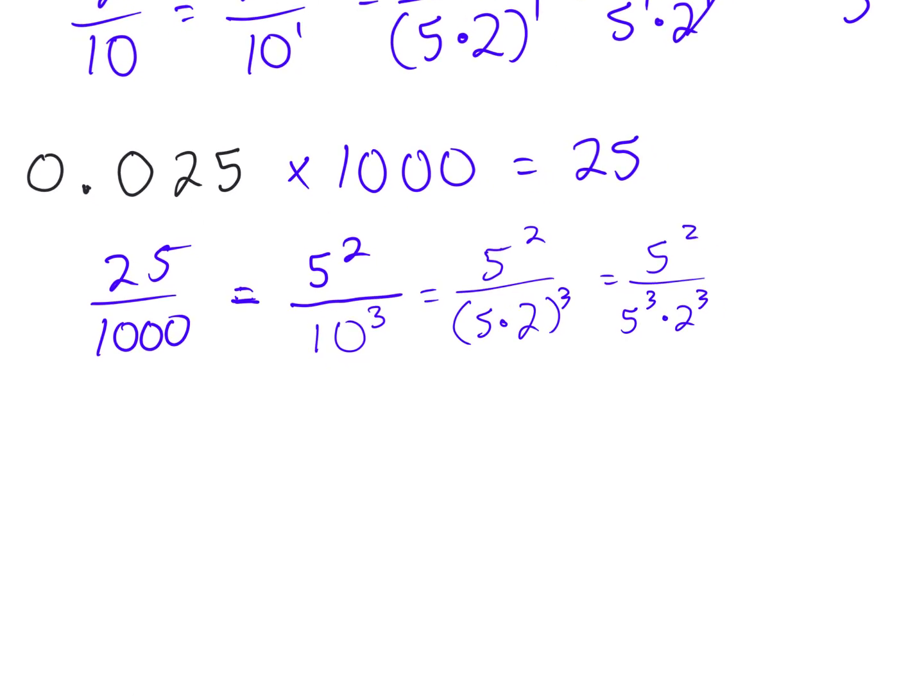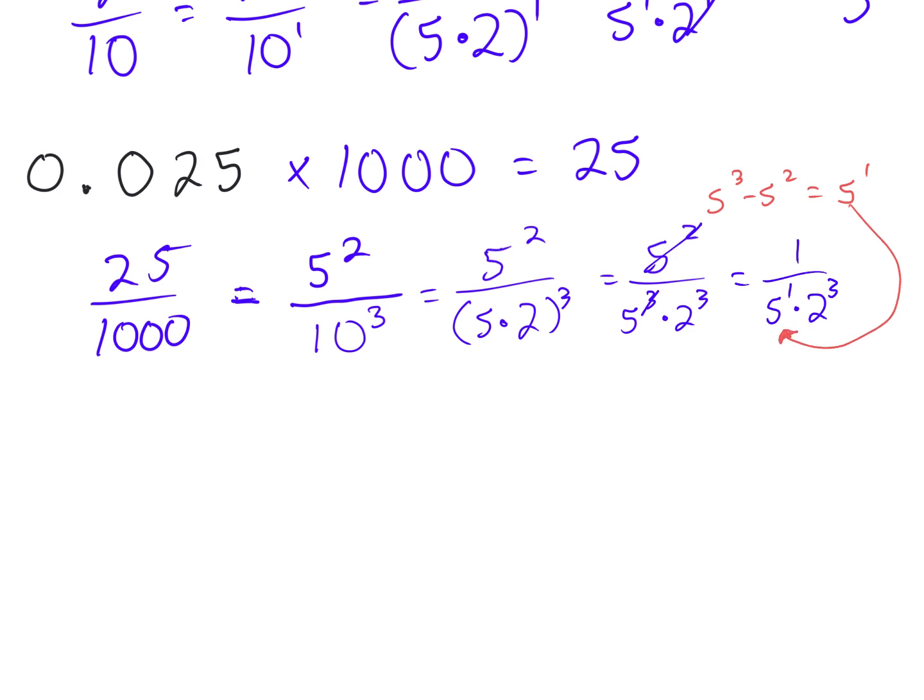So here, 5 squared in the numerator simplifies, giving us 1 over 5 to the first times 2 to the third. 3 minus 2 giving us 1. So just to note here that 5 to the third minus 5 squared gives us 5 to the first power, and that is how we got that.